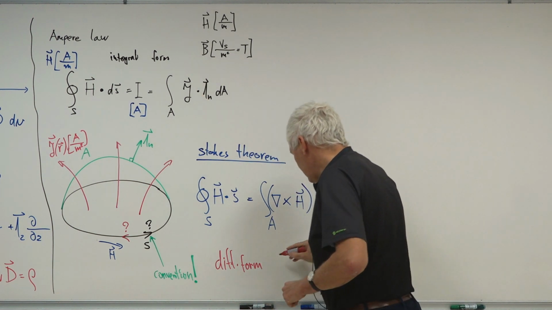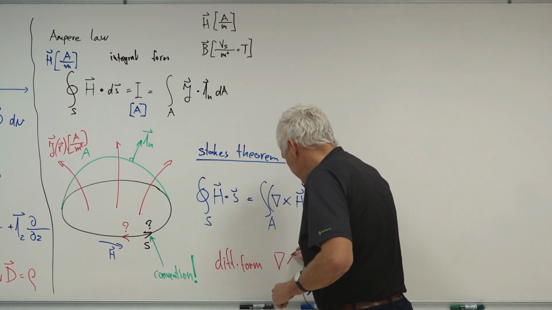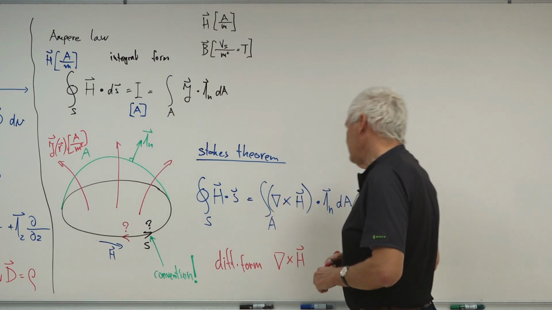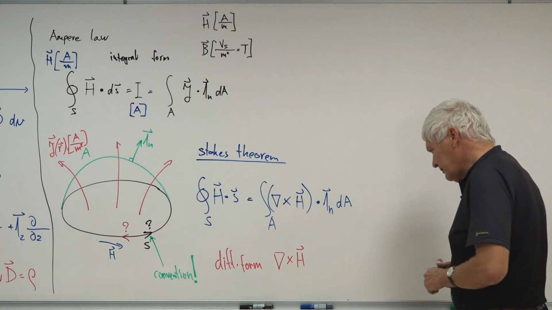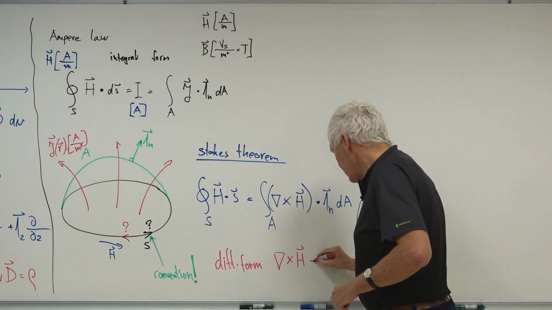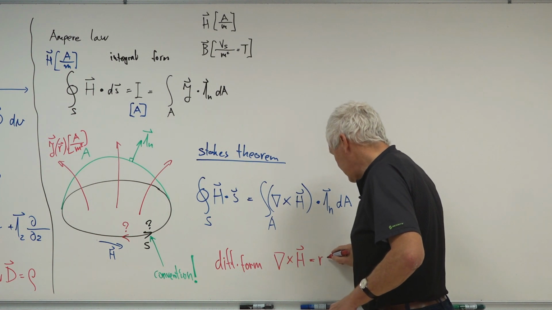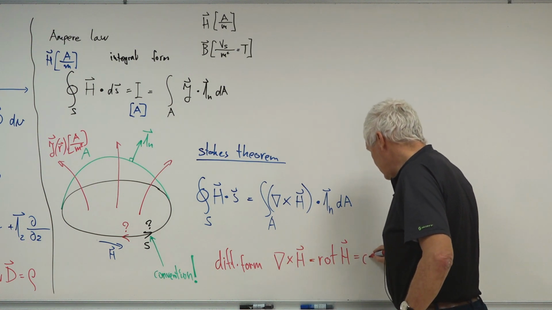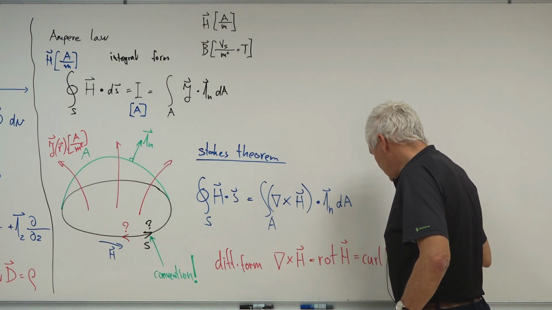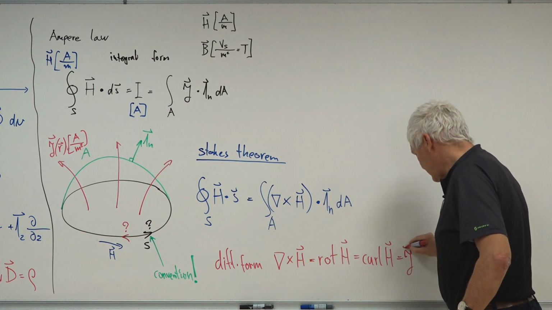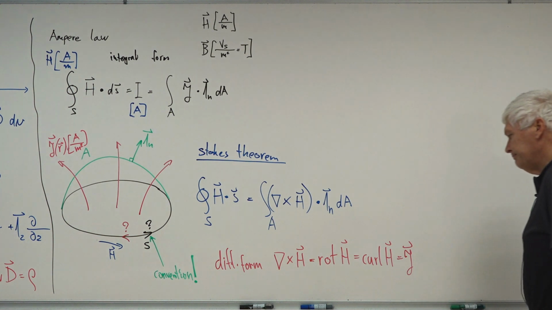So curl of H, or density of the vortices of H. We also write curl in our literature as rotor H. In English literature, you will see it written curl of H. This thing is equal to the current density J.